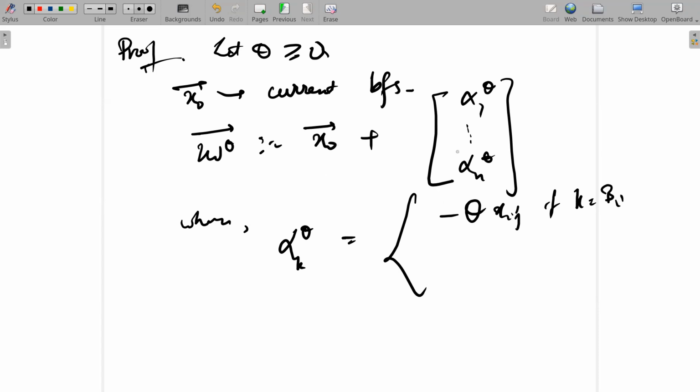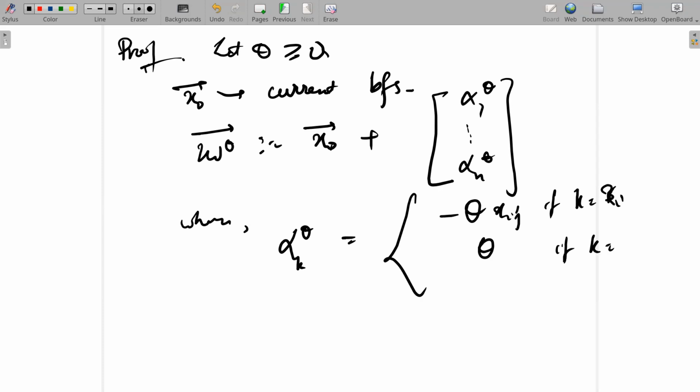This is just saying in which direction we're moving, with which direction we're perturbing this current BFS. So to that neighboring vertex, if I join these two neighboring vertices, what will be that vector? That direction is determined by alpha 1 theta through alpha n theta. I mean, the vertex may not be there, but here I'm just saying which direction can I move and still remain feasible.